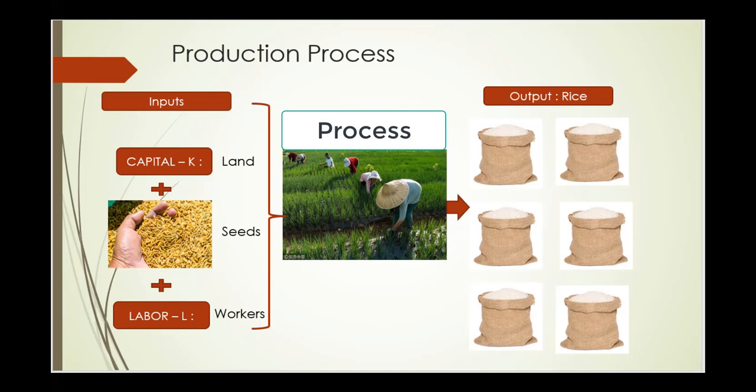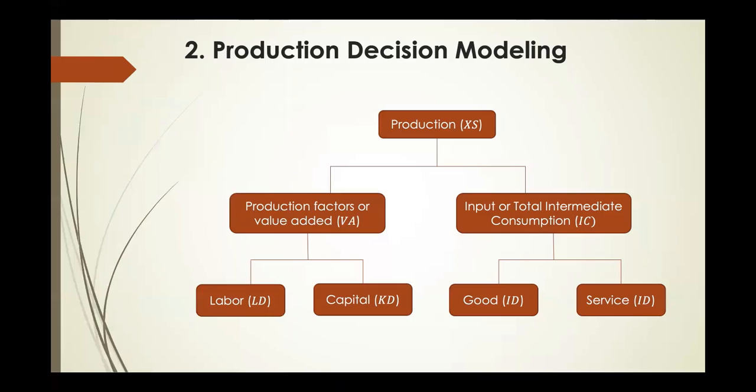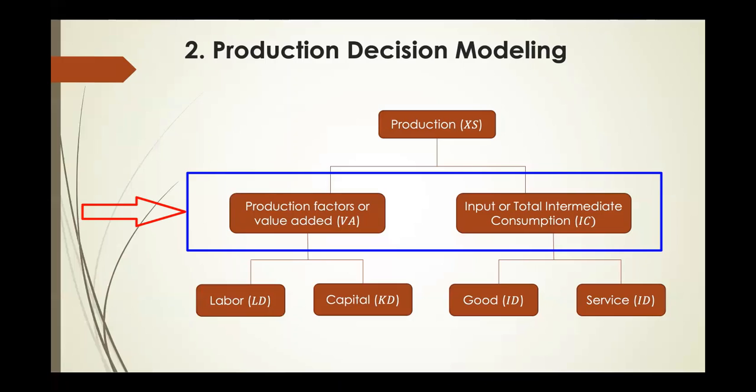Specifying the relationships among these different production elements is important in the modeling process. In general, a layered relationship is specified. Here, the first layer combines value added and total intermediate consumption in the production of good or the production of service.